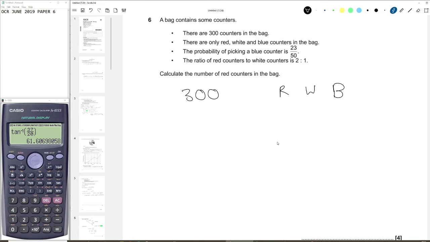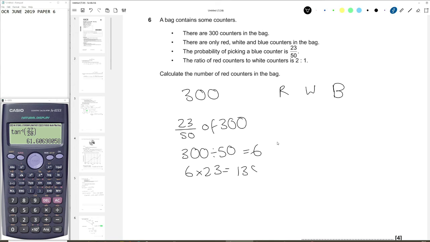The probability of picking a blue counter is 23 over 50. So we can actually work out the blue counter first. So I need to do 23 over 50 of 300. Now, if I want to do that, I've got my calculator. I could do 300 divided by 50, which is 6, and then 6 times 23, which is 138.